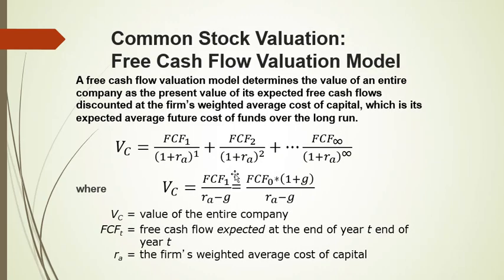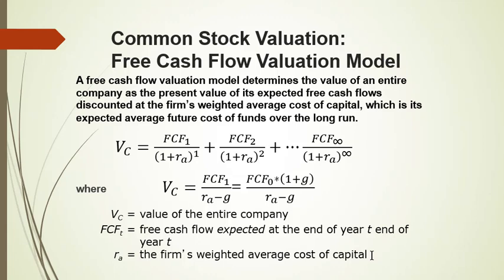And this model is referred to as the free cash flow valuation model. And if you notice, it looks very similar to the dividend growth model. We have next year's free cash flow divided by the difference between a required return and the growth rate of free cash flow. The R sub A here is the firm's weighted average cost of capital.